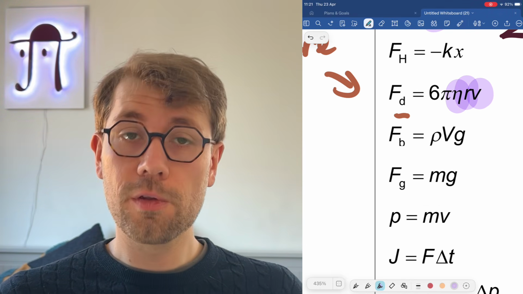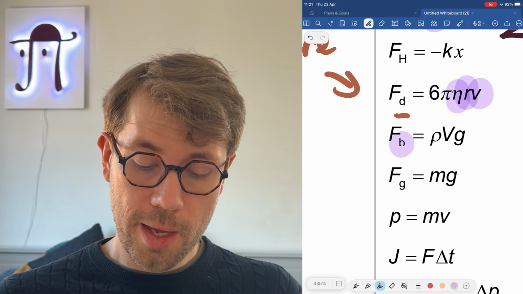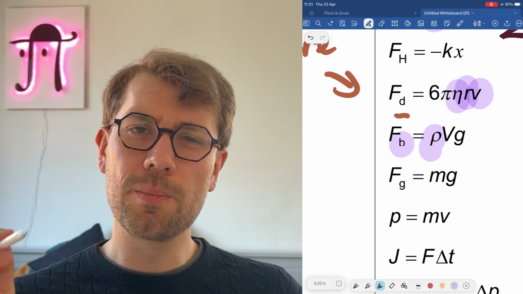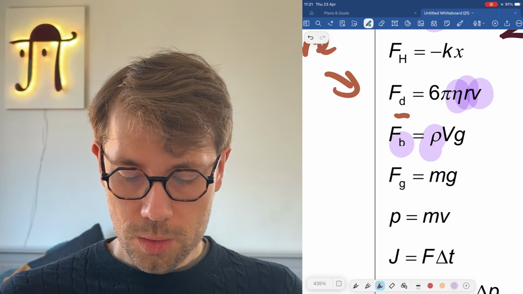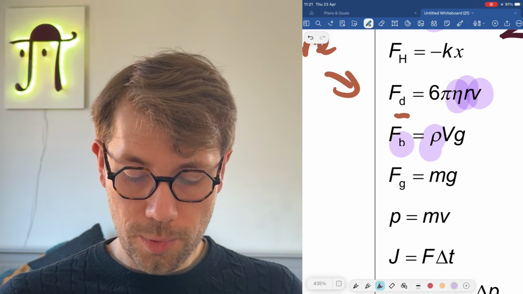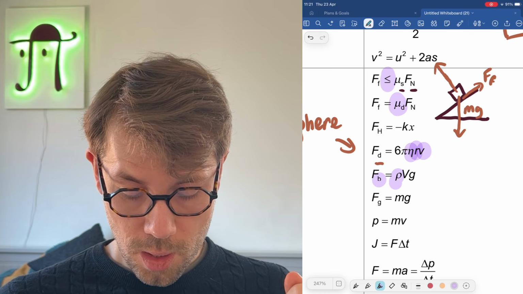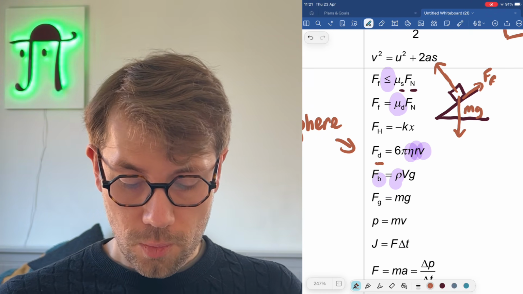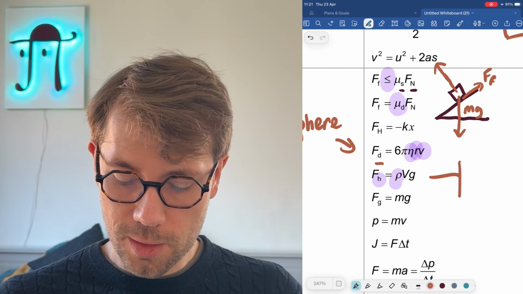Next, we're going to move on to buoyancy. That's what the little b stands for. And the buoyancy, we've got this little Greek letter rho, which is like a funny looking P. It means density. So if we want to consider buoyancy, we have got to consider the volume of the object which is submerged. So I'll tell you how this gets tricky.